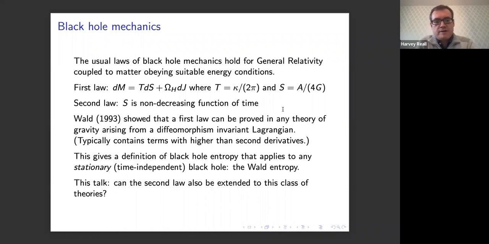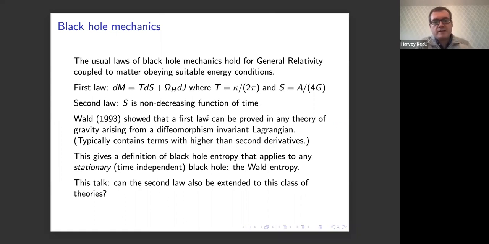But about 30 years ago, Wald showed that the first law of black hole mechanics actually holds much more widely. It can be proved for any theory of gravity arising from a diffeomorphism invariant Lagrangian. So of course, that kind of theory typically contains terms with higher than second derivatives. So this is a first law that holds for a large class of higher derivative theories of gravity.